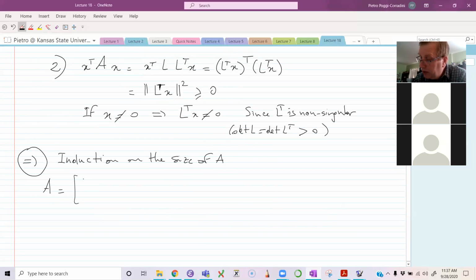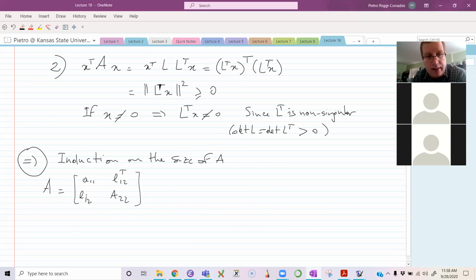So I'm going to isolate the first row and first column. I'm going to call the sub-diagonal column L12, and the super-diagonal row L12 transpose, because A is SPD by hypothesis, right?